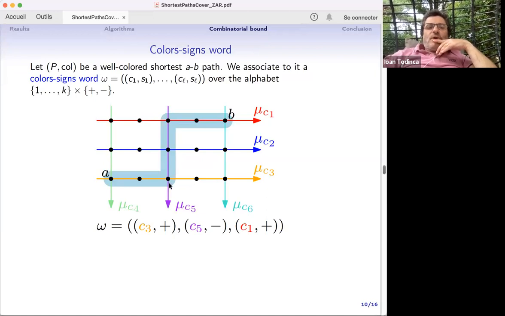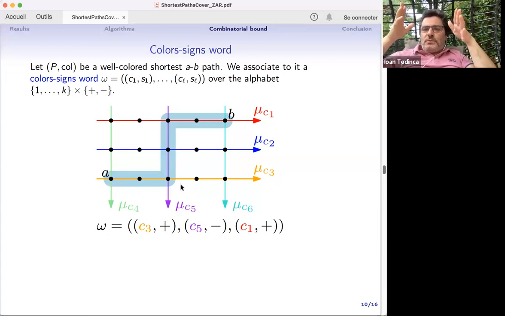Now if I consider a well-colored shortest path, for example, it starts with yellow in the positive sense, then purple in the negative sense, and then red in the positive sense. I don't count how many purple edges it has. I just say it's a sequence of yellow plus, purple minus, red plus. So to each well-colored path, I can associate what I call the color sign word.